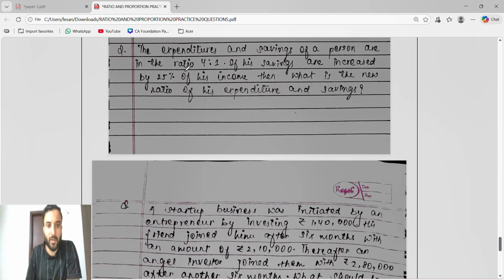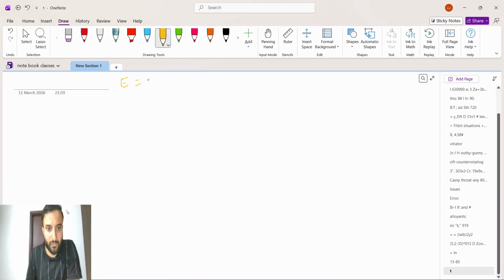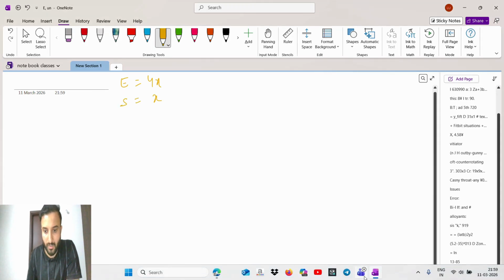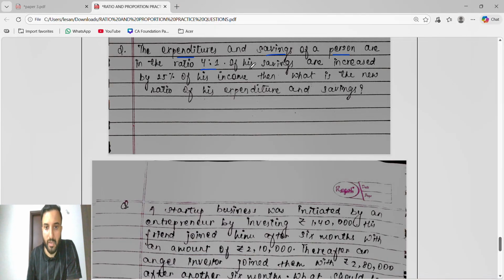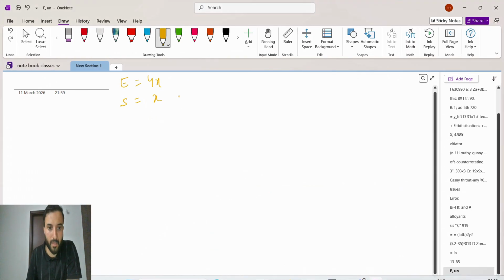Okay, the expenditure and saving of a person are in the ratio 4:1. So guys, what I will do, I will take the expenditure as 4x and saving as x.